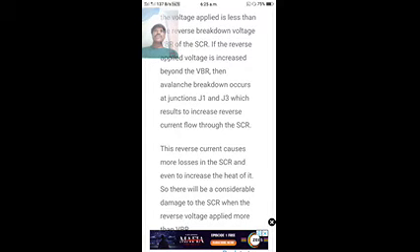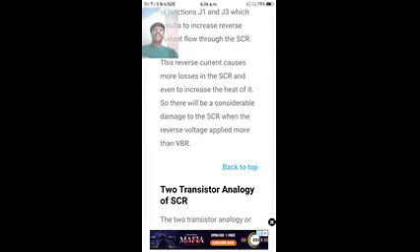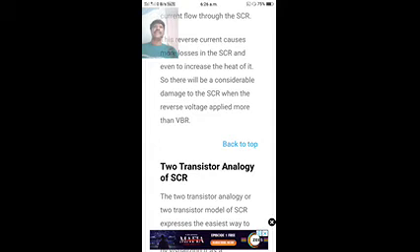The reverse saturation current doubles for every 10 degrees centigrade rise in temperature. Therefore this is a cumulative process that leads to damage of the SCR. So it is not preferable to operate the SCR in the reverse direction. SCR is a unidirectional conducting device, like a diode.